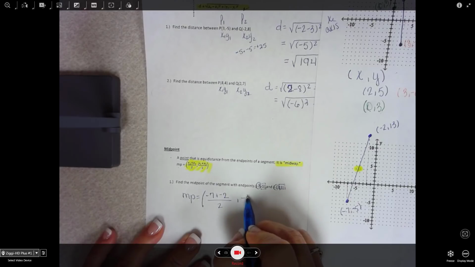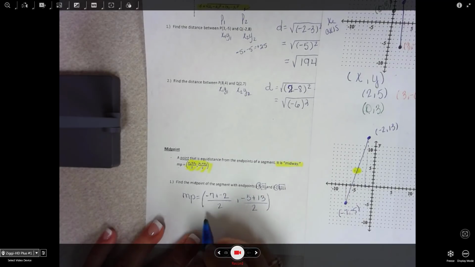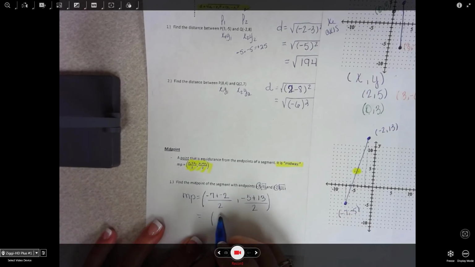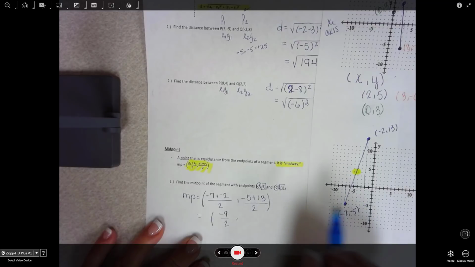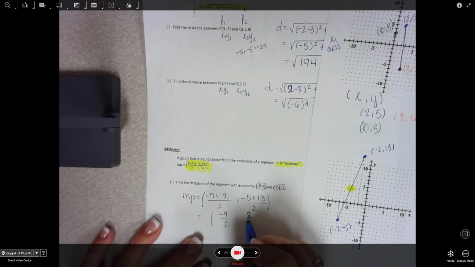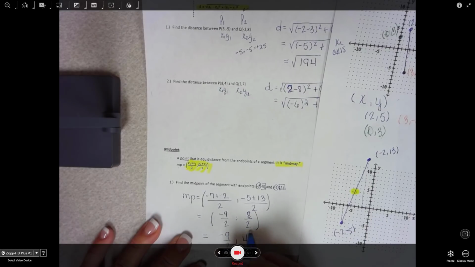Negative 5 plus 13 divided by 2. So let's see. We would have negative 9 over 2 and, let's see, 8 over 2, which is 4. So negative 9 halves and 4.